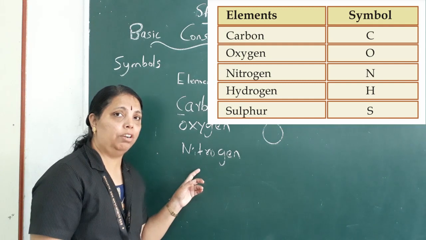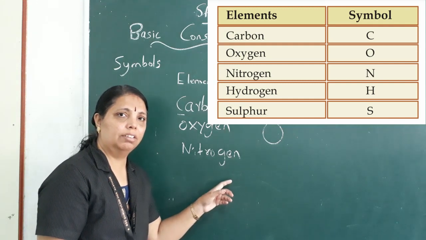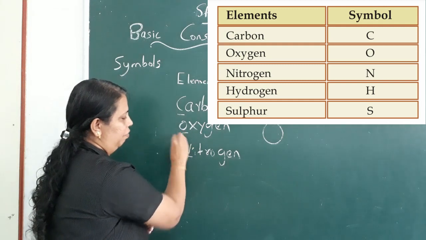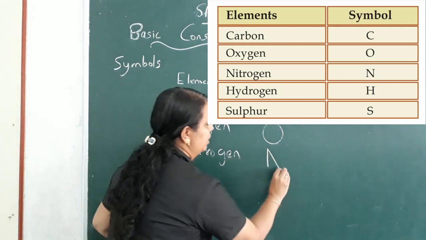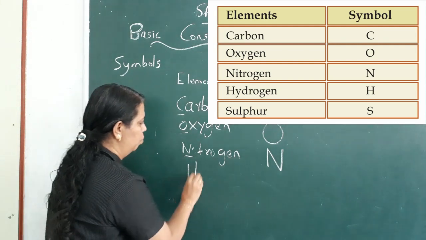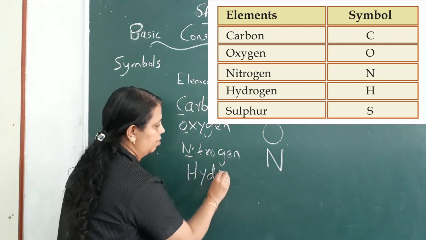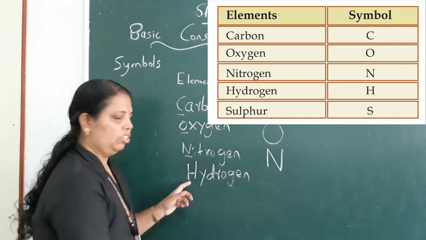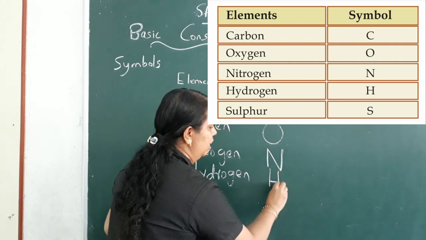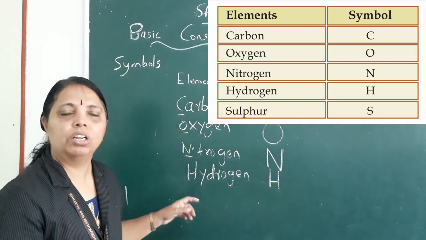What will be the symbol of nitrogen then? The first letter is N. So write it in capital letters. The next one given in the book is hydrogen. Which is the first letter? H. So capital H is the symbol for hydrogen.